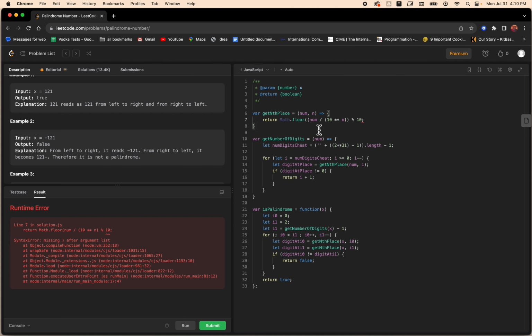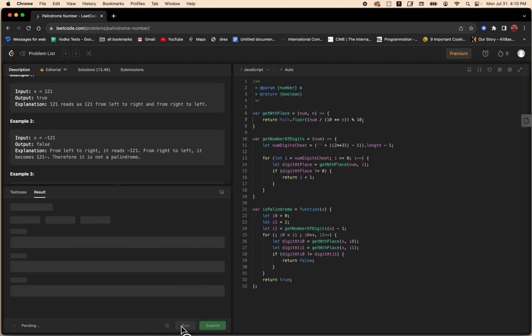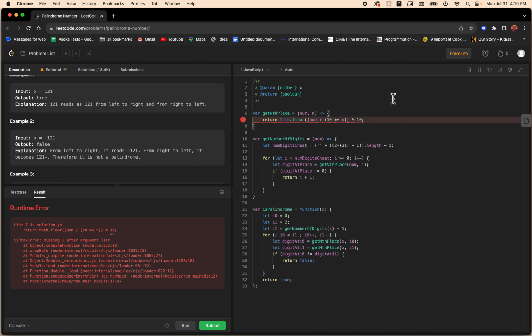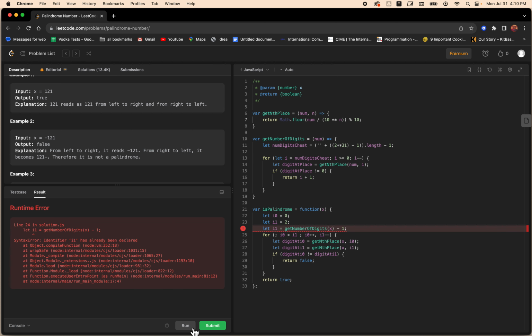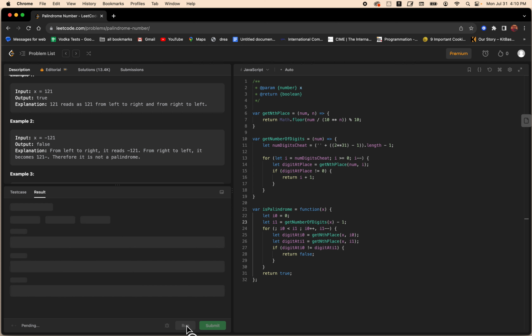No, I have to do Math.floor. But let's just see. Can you just get these parentheses out of here, buddy? Yes, get rid of the debugging.